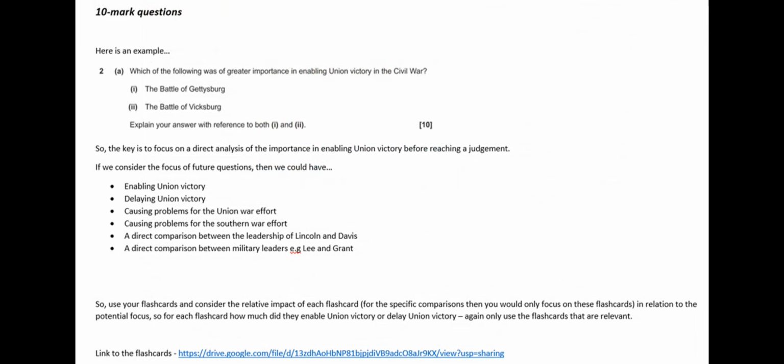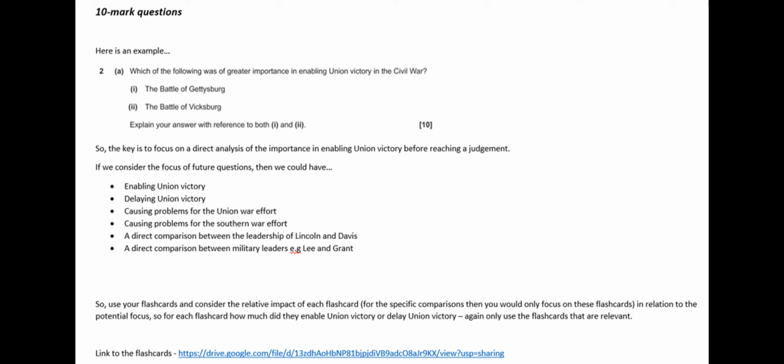So if we consider the focus of possible future questions, then we might focus on enabling Union victory, we might focus on delaying Union victory, we might focus on causing problems for the Union war effort, or causing problems for the Southern war effort, or there might be a direct comparison between the leadership of Lincoln and Davis, or a direct comparison between military leaders like Lee and Grant, or maybe Lee and McClellan, or McClellan and Grant. So there are many directions in which they can take these comparisons.